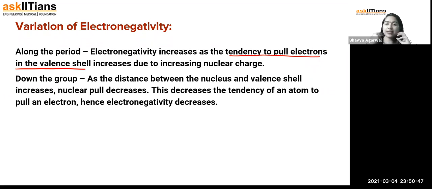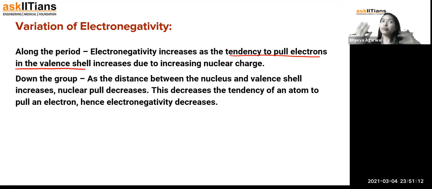An actual definition would be the tendency of an element to attract the shared pair of electrons. But for simplicity's sake, electronegativity simply means the tendency to pull the electrons towards itself.